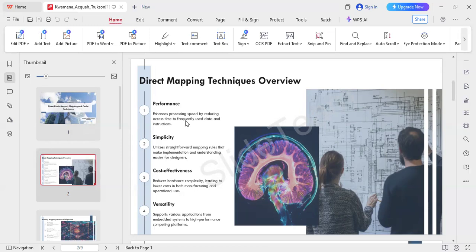So number one is performance. The performance enhances processing speed by reducing access time to frequently used data and instructions. And the second one is simplicity. Utilizes straightforward mapping rules that make implementation and understanding easier for designers.